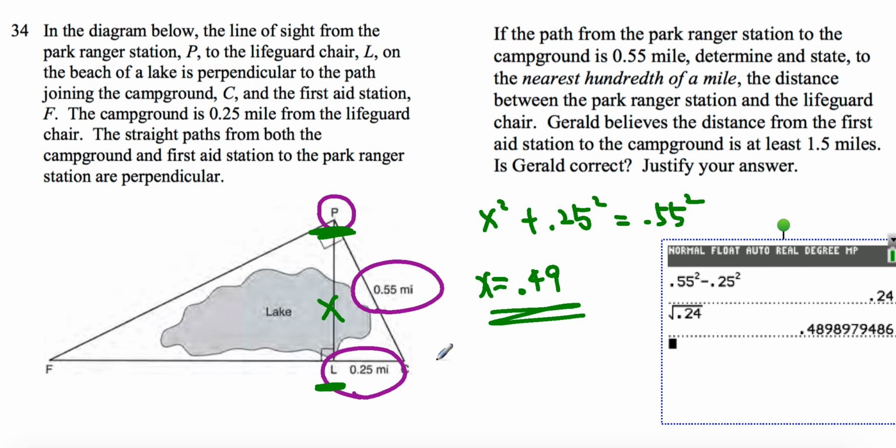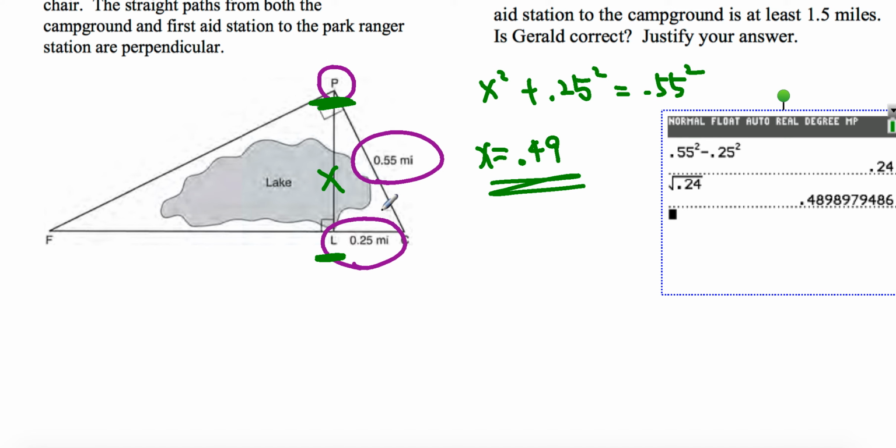We can use the similar triangle concept where this square, 0.55 squared, is equal to this portion, which is 0.25 times FC. Then FC, which is the distance between those two, would be equal to this one squared divided by that one.